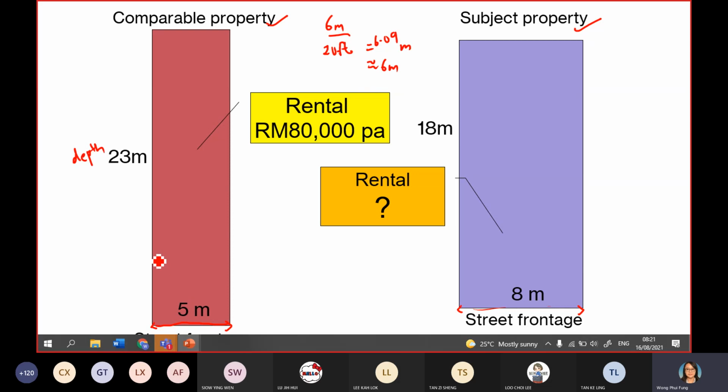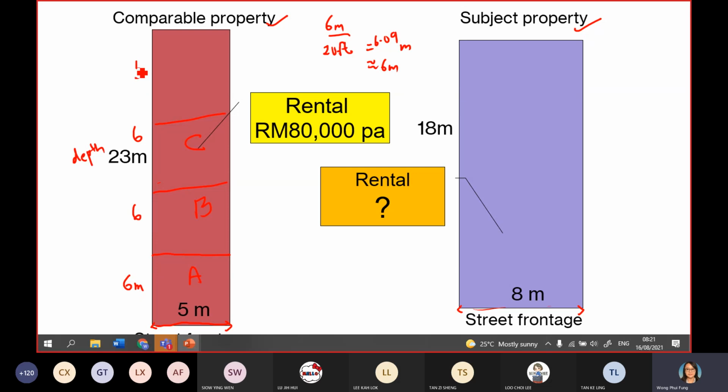So which means that you divide your property into a few zones by every 6 meter. So here, 23, you can see the depth here is 23. So first, A, 6 meter. B, another 6 meter. C, another 6 meter. Okay, then the balance, right? The balance, you should use 23 minus 6, 6, 6.